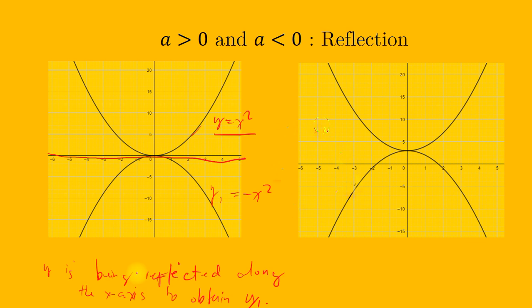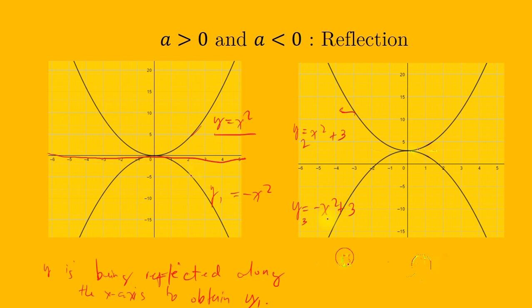So y sub 2 is being reflected along where? It's no longer the x-axis. So what is the equation of this line there?